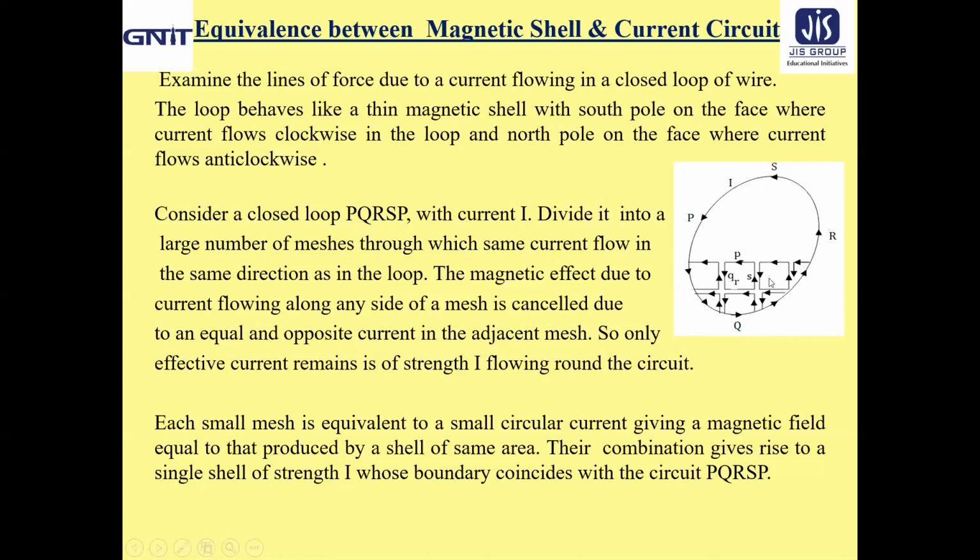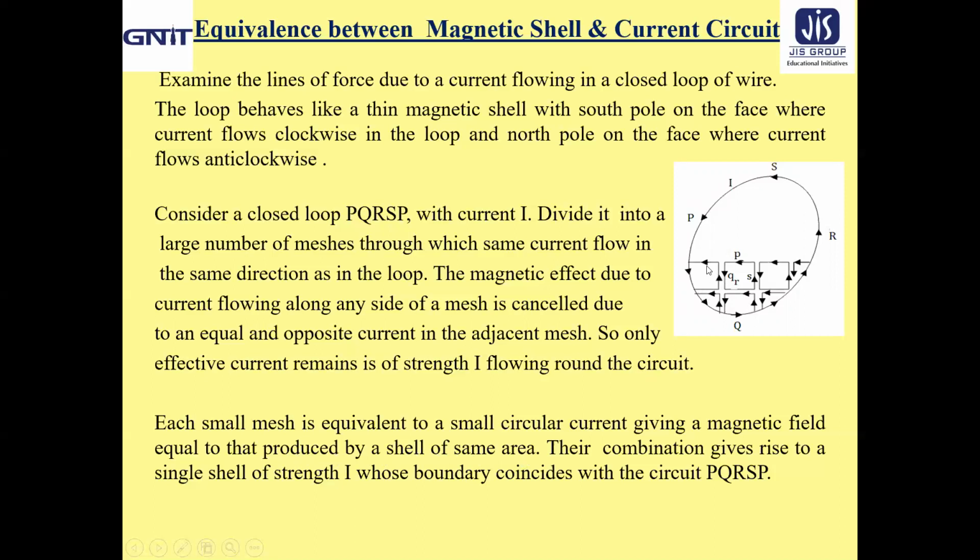All other currents in different sides of the adjacent meshes will cancel out each other. Similarly here also, it will come through this side and it is coming the opposite way. That means the only effective current which remains, that is uncompensated, is at the boundary round the circuit. So we can say that each of these small meshes is equivalent to a small circular current, giving a magnetic field equal to that produced by a shell of the same area.